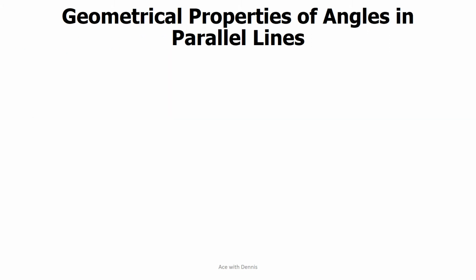Next, geometrical properties of angles in parallel lines. As stated in the title, these properties only apply to parallel lines. The first property is called alternate angles, or in short form, alt. angles. This is a pair of parallel lines.